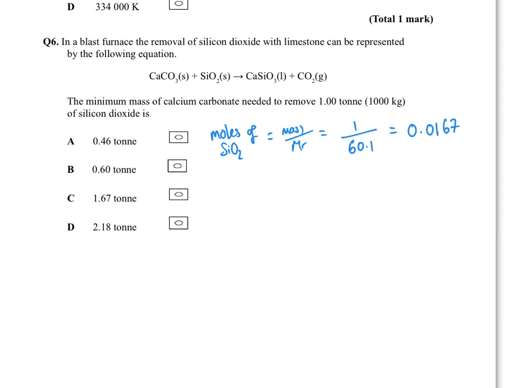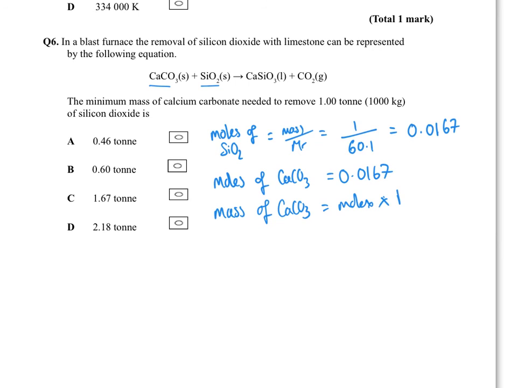So I want to know how many moles I've got of calcium carbonate. And if you have a look at the equation, you can see it's a 1-to-1 ratio. So that's also going to equal 0.0167. So we now need to work out the mass of calcium carbonate, which is just going to be moles times Mr. The moles we've got, the Mr we need to work out, and the Mr is 100.1.